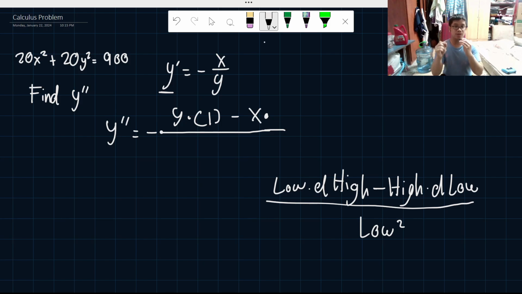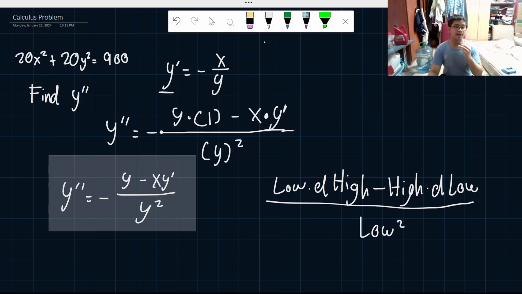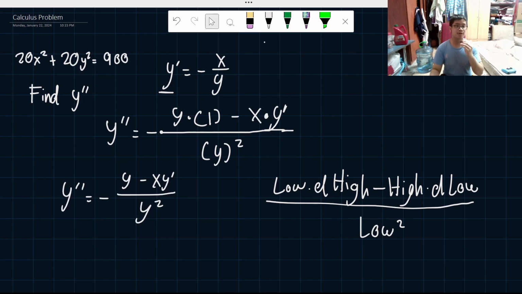But again, if you're going to differentiate a y term, don't forget to put y prime. So 1 times y prime is just y prime, right? All over the square of the low, or the square of your denominator. So as a result, you will have y second prime is equal to negative y minus x y prime all over y squared. All right? So you may be thinking, maybe that's the answer, because overall we found our y second prime, right?